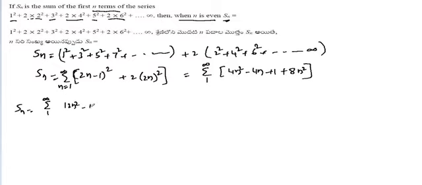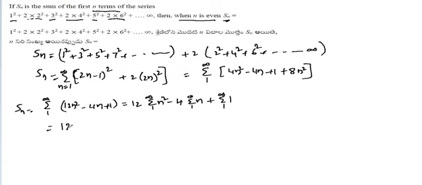that is 12n square minus 4n plus 1, that is equal to 12 into sigma n square minus 4 into sigma n plus sigma 1.